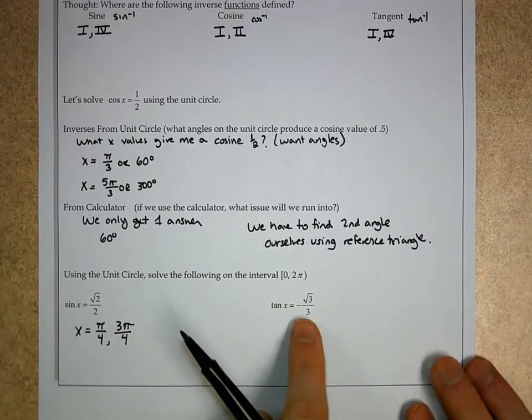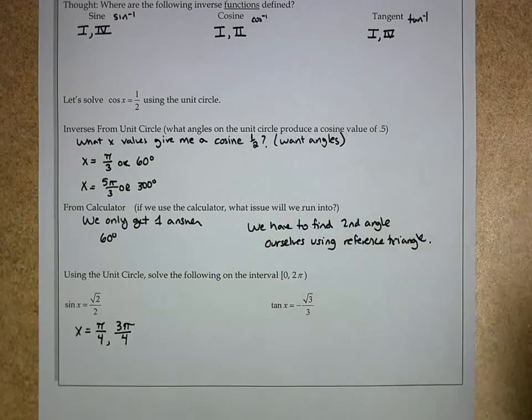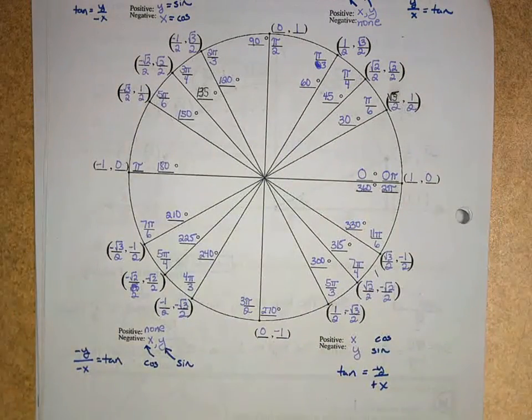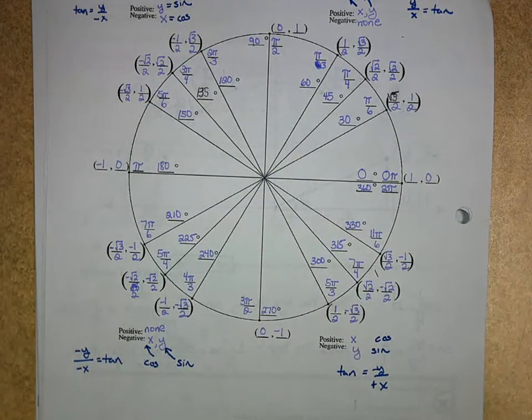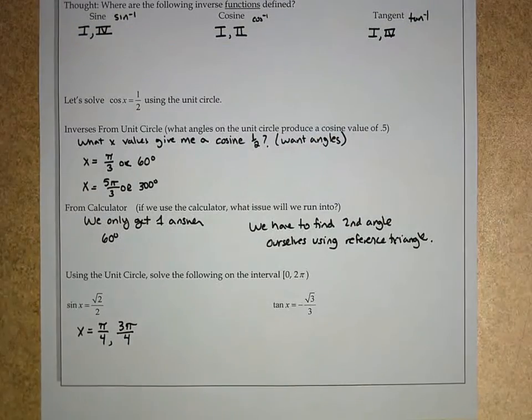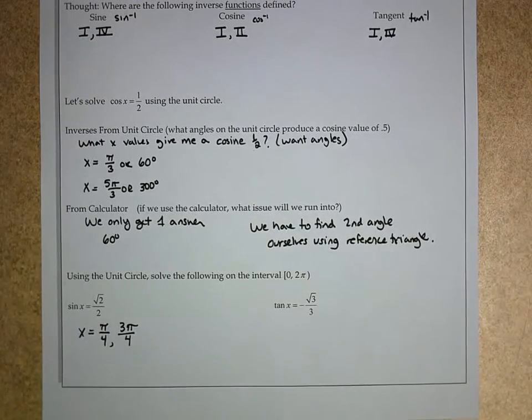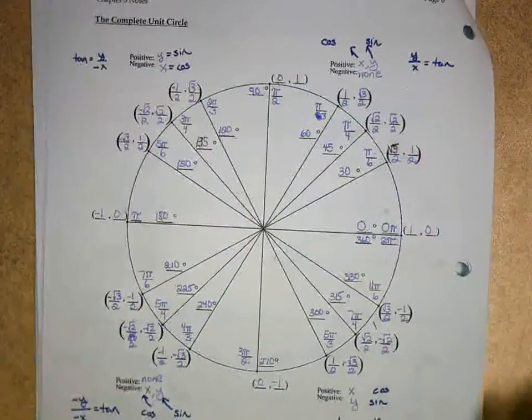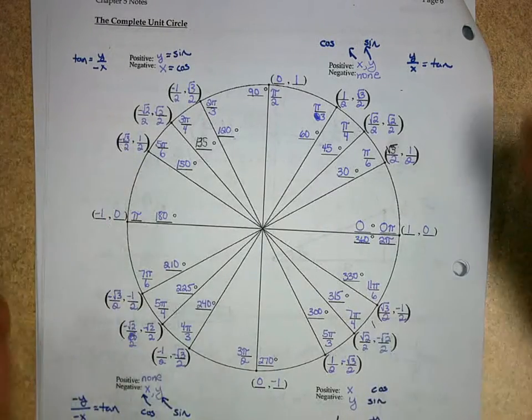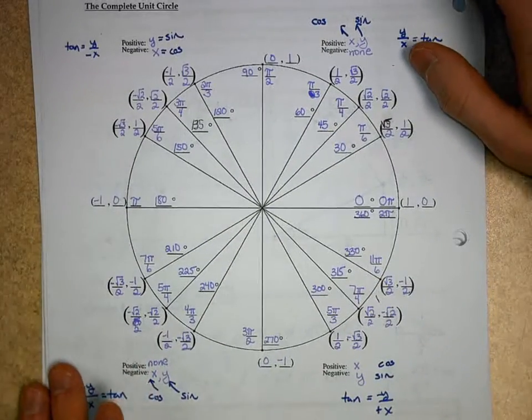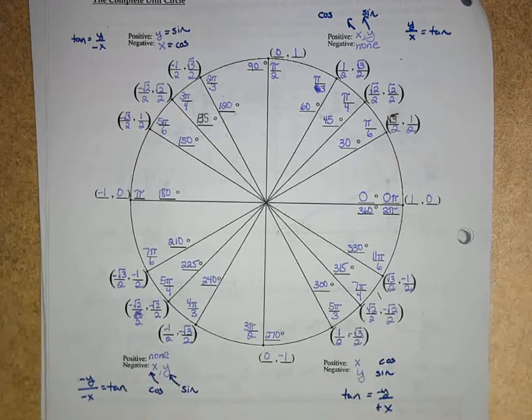The tangent of x equals negative square root of 3 over 3. Now, if I look at my unit circle, I don't see tangent values on there. So I've got to do a little bit of math. And this one I can see is going to be negative. So I'm going to be in the second and the fourth quadrant. Remember, tangent is y divided by x.